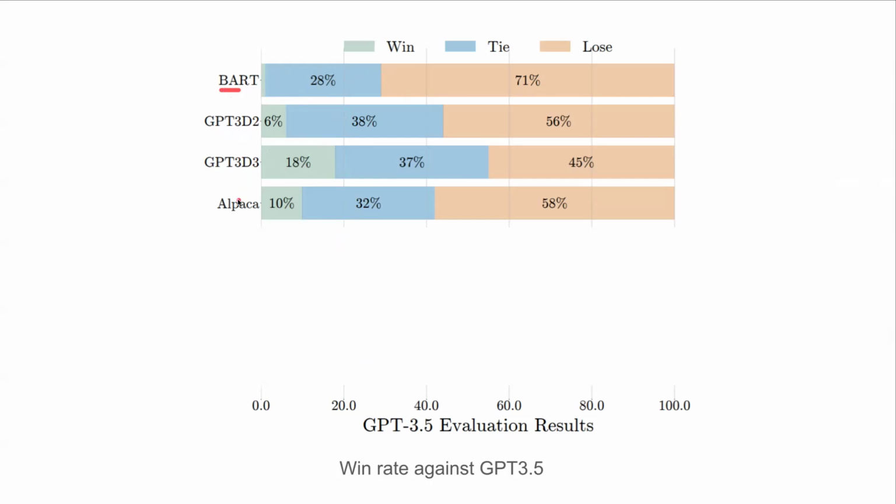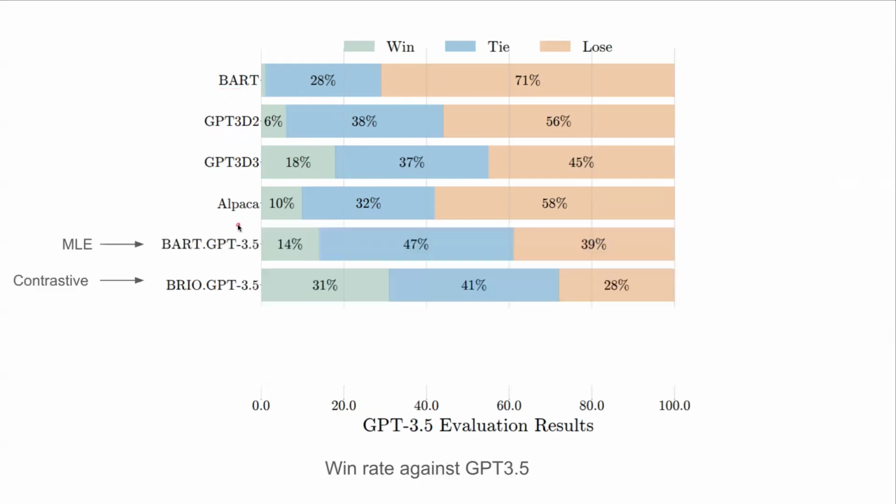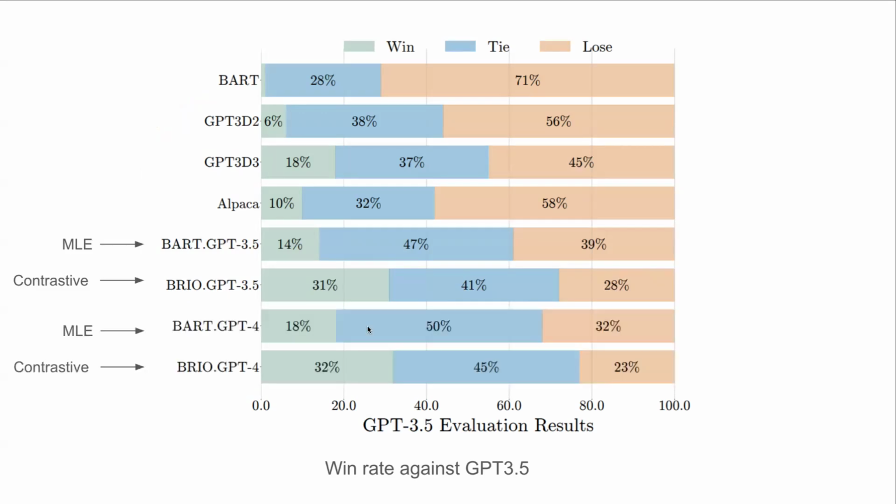And then these are other models that are a bit older than GPT 3.5. So with our first setup, just using MLE, we can shift the performance of BART quite a bit higher. And now we have a 14% win rate against GPT 3.5. And then with the contrastive setup, we can push this even higher to 31%, which means that it's kind of on par with GPT 3.5.